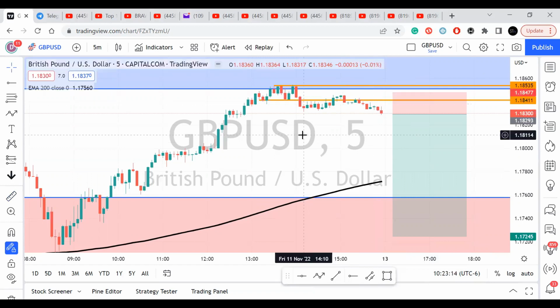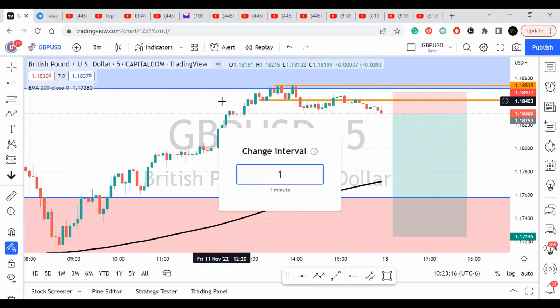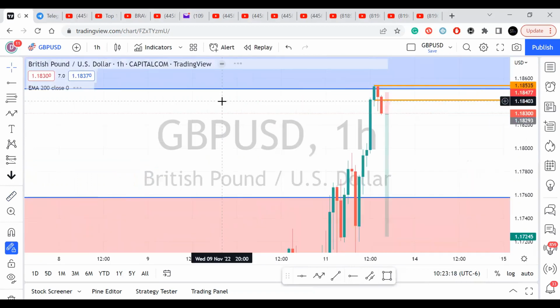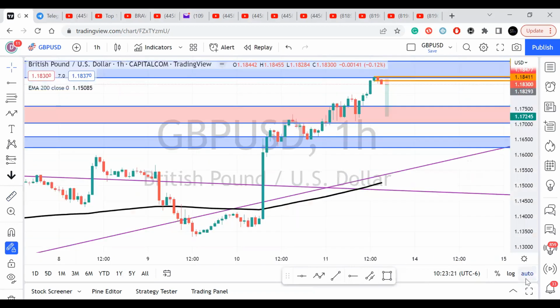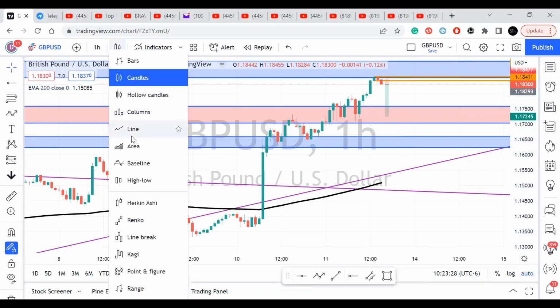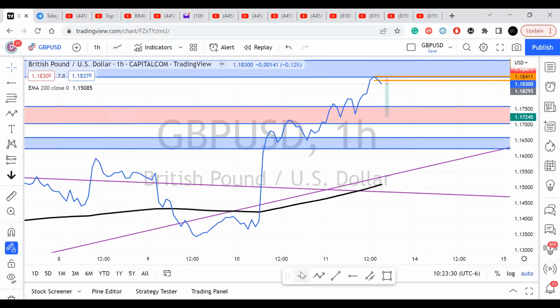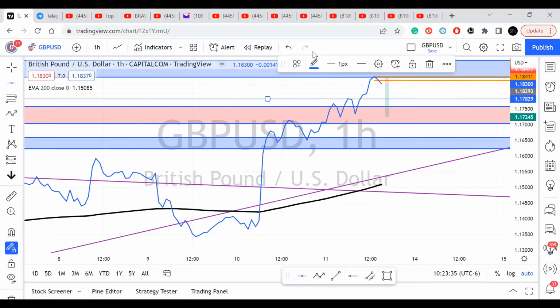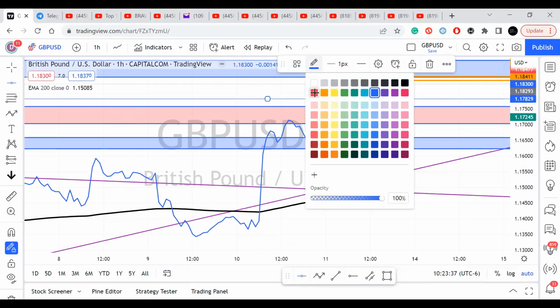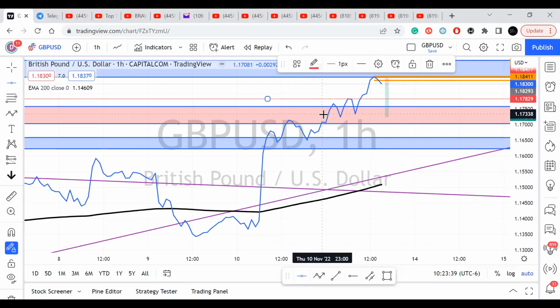Then for the TPs, you take them from the 1 hour time frame. So on this 1 hour time frame, my TP1 is going to be here, this resistance. And for the next TP, we are expecting price to come and retest this daily high.